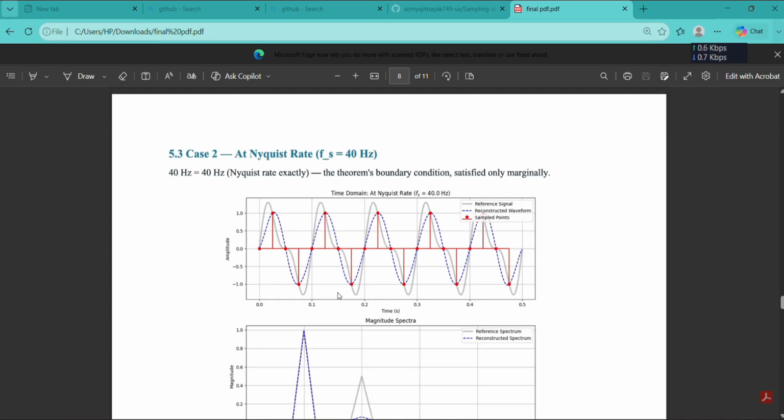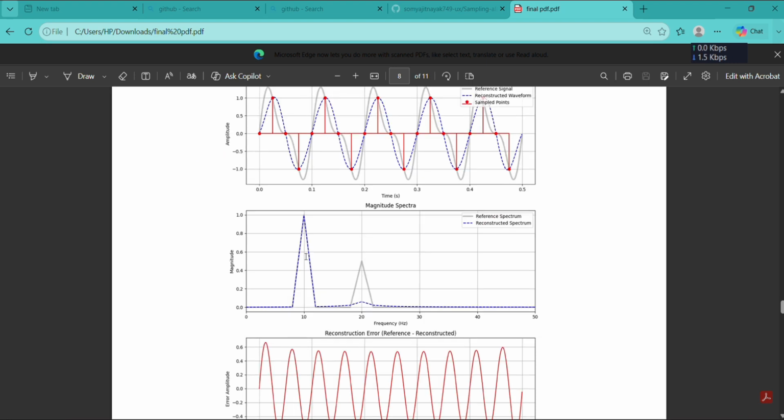The case is quite interesting. At the Nyquist rate, and this one is my favorite honestly, because I didn't plan for it. 40 hertz, exactly the Nyquist rate. On paper, this should be fine, right? Bare minimum. But look at this.